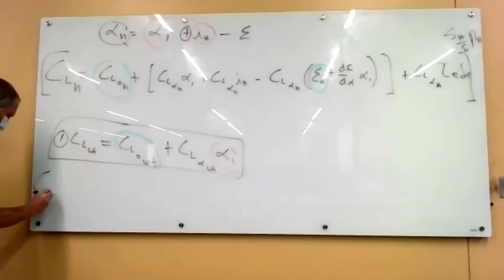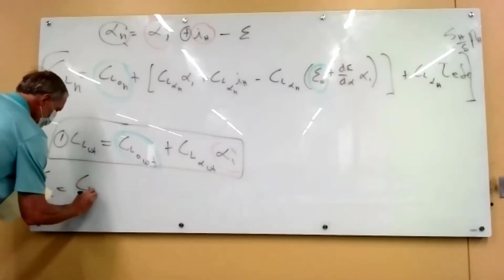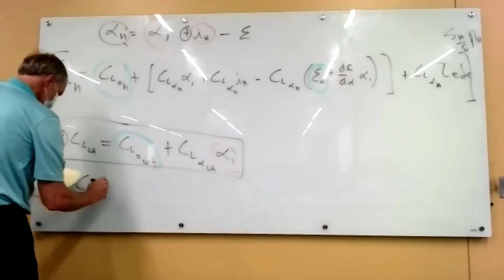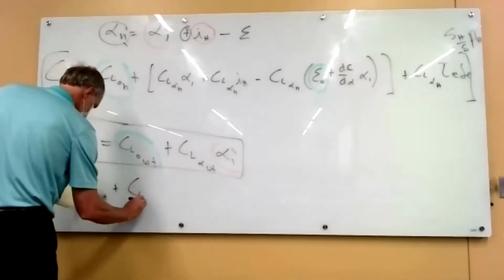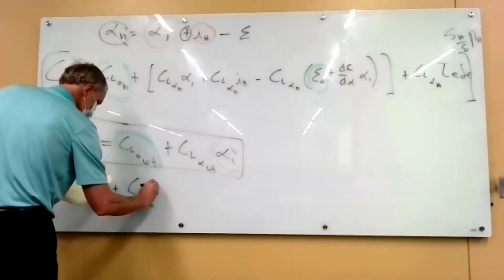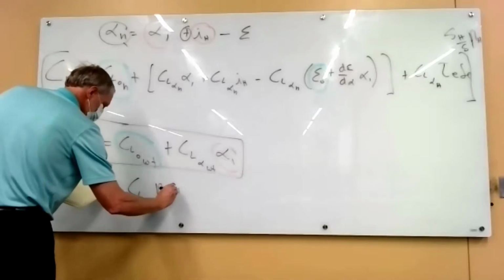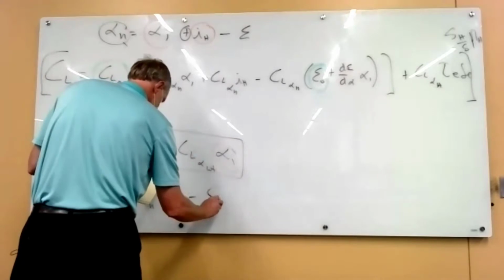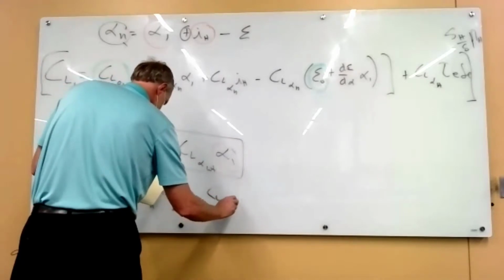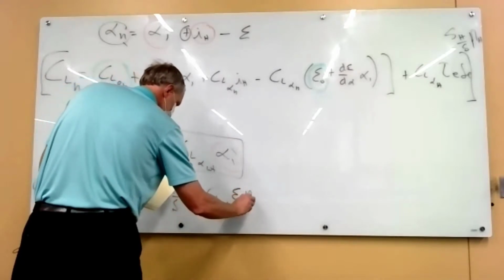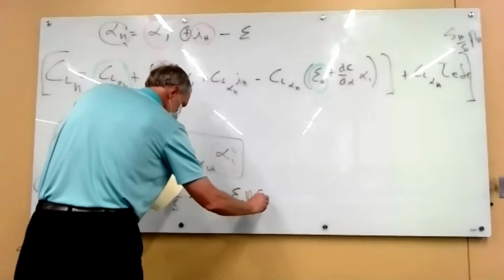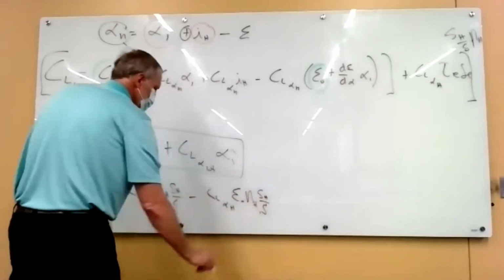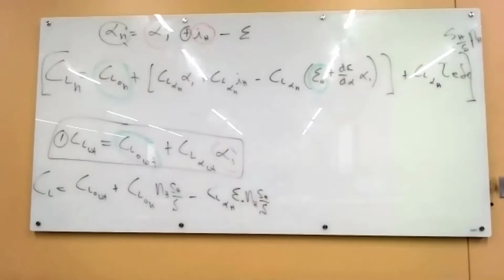So CL is CL0. So that's the three red terms.